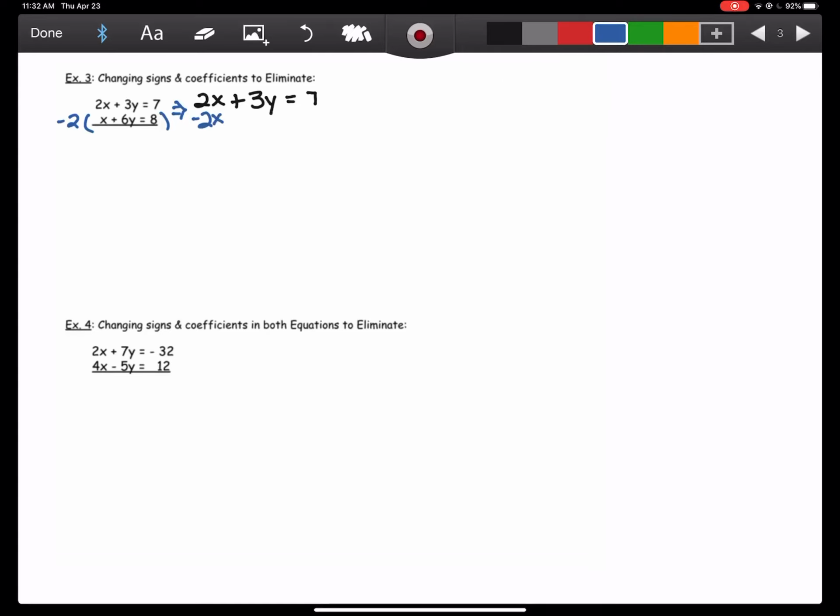Bottom equation becomes -2x minus 12y equals -16. Okay. I'm going to total them up. My x's eliminate. I get -9y equals -9. I divide by -9 on both sides. I get y equals 1.